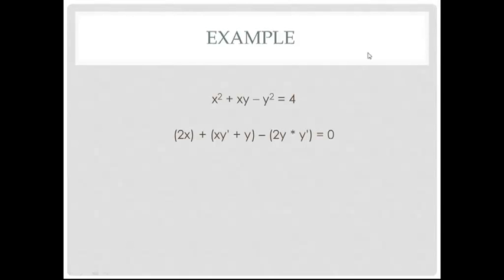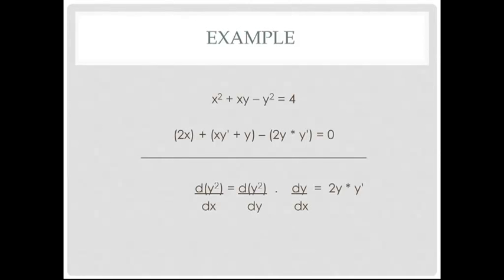It's going to end up as 2y times y prime. But let's just remind ourselves of how the chain rule works. If you're using James Stewart's 6th edition calculus, the chain rule is in the section right before this.